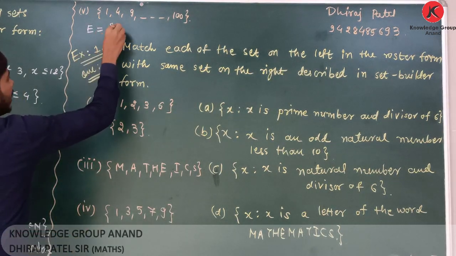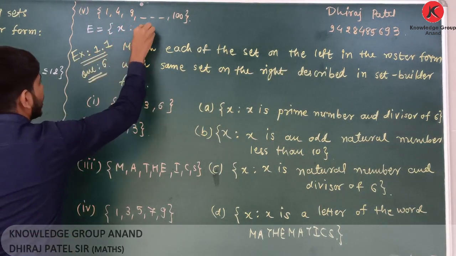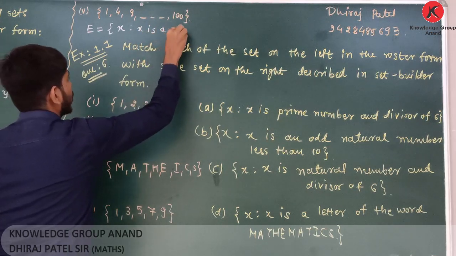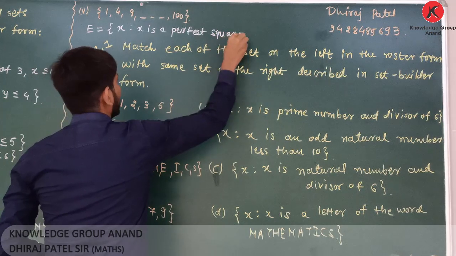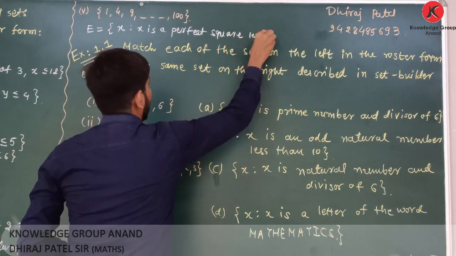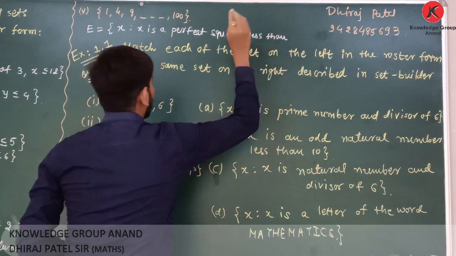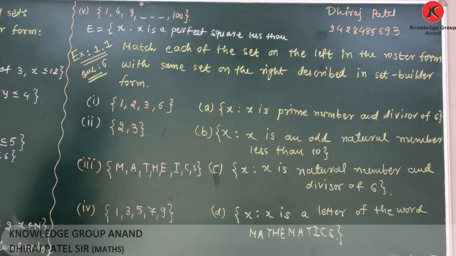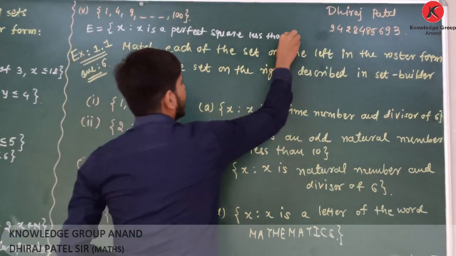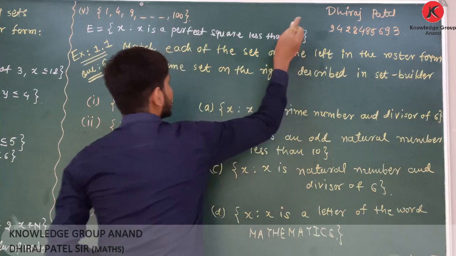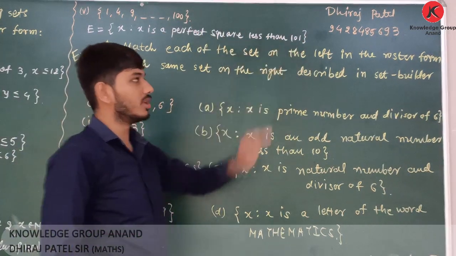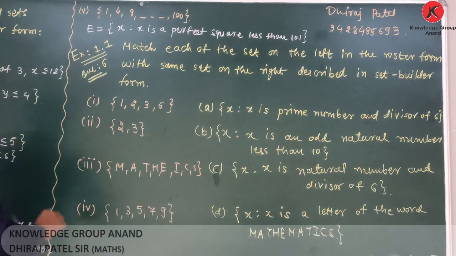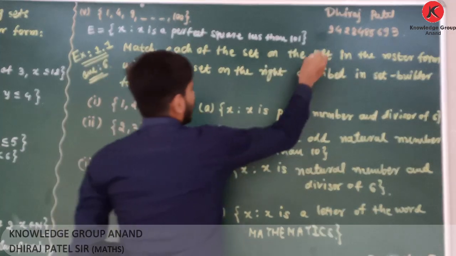Set E, x such that x is a perfect square less than 101, because you have to include 100, or you can write less than or equal to 100.